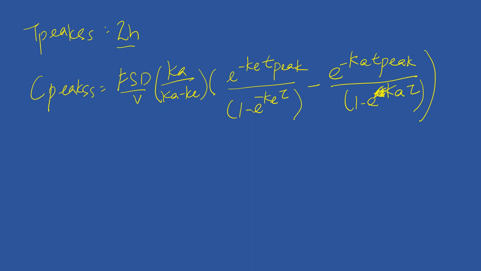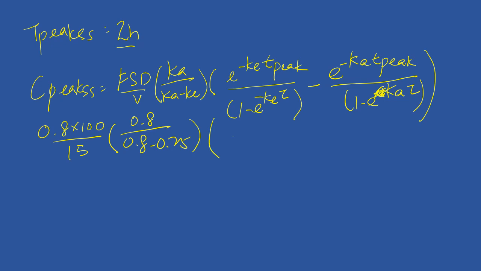Okay. The next thing is you need to put in all the value. Just go slowly. 0.8 multiplied by 100 divided by 15, 0.8 minus 0.25. e power negative 0.25 multiplied by 2, 1 minus 0.25 multiplied by 12.